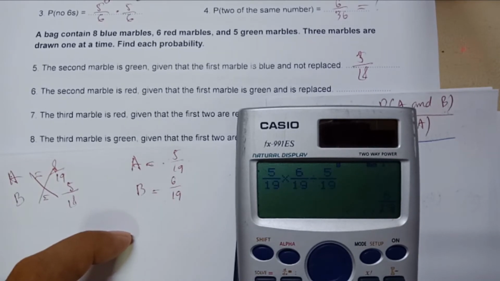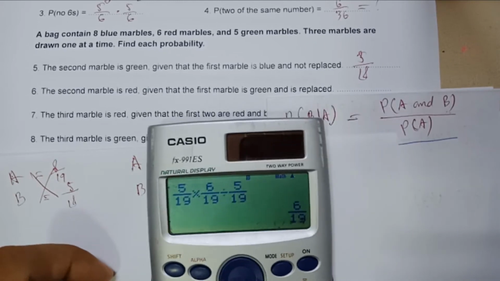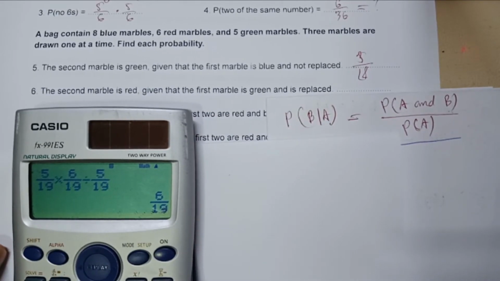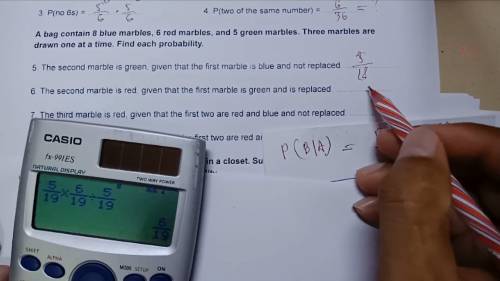That will give you 6 over 19. Let me adjust the light for you. So 6 over 19 is for number 6.